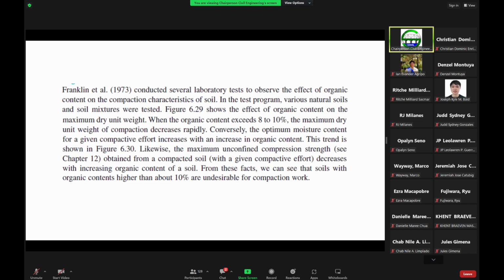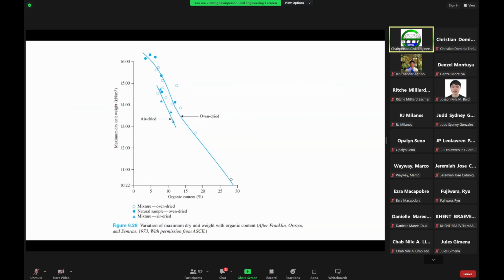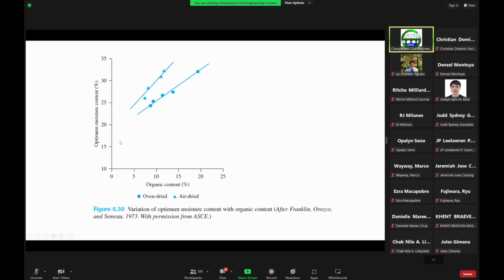So if you see here, the maximum dry unit weight decreases with respect to the increase in organic content, while the optimum moisture content would increase with increasing organic content. So that's what he found out.